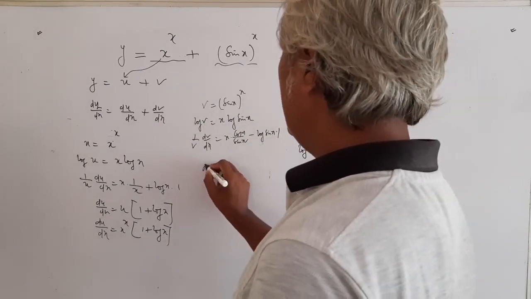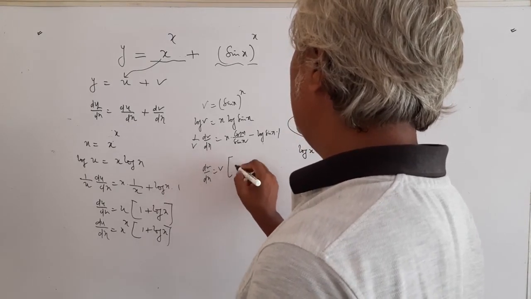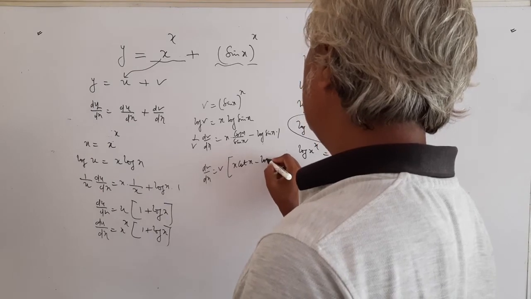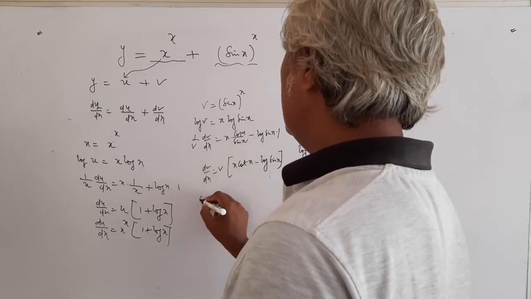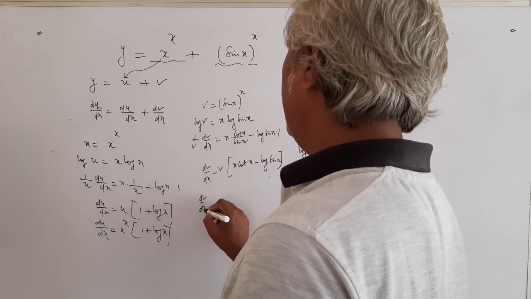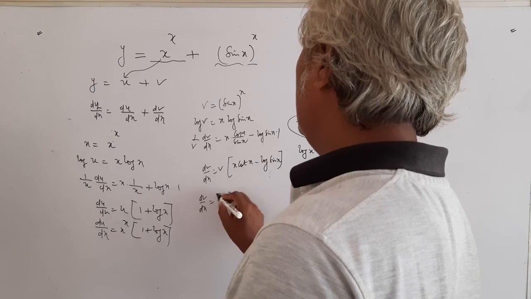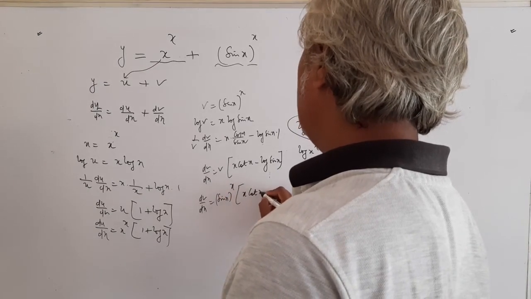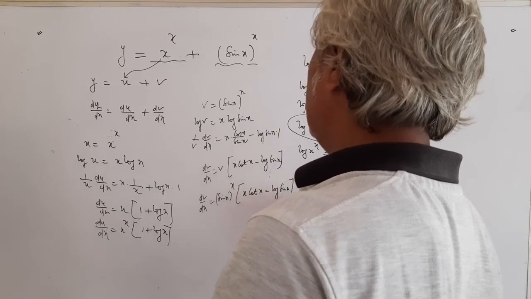So you are getting your dv by dx equals v comes here, this becomes x cot x plus log sin x. So dv by dx equals v, that is sin x to the power x, into x cot x plus log sin x.